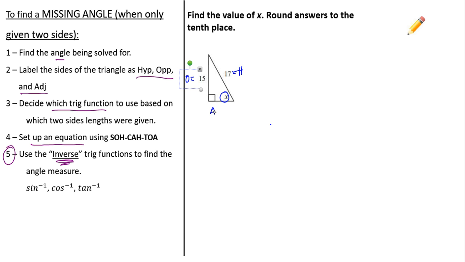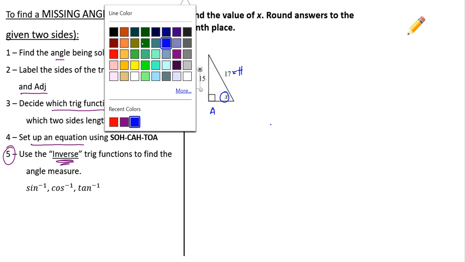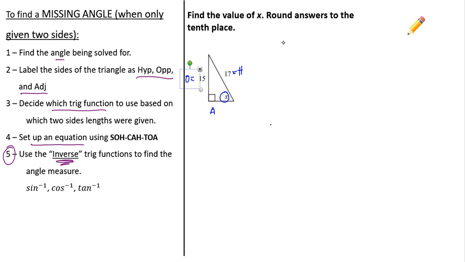If you look at that though, I only have opposite and adjacent. So I'd ask myself, which trig function uses opposite and hypotenuse? Those are the only two values I have, so that's the trig function that I'm going to use, and that's sine.